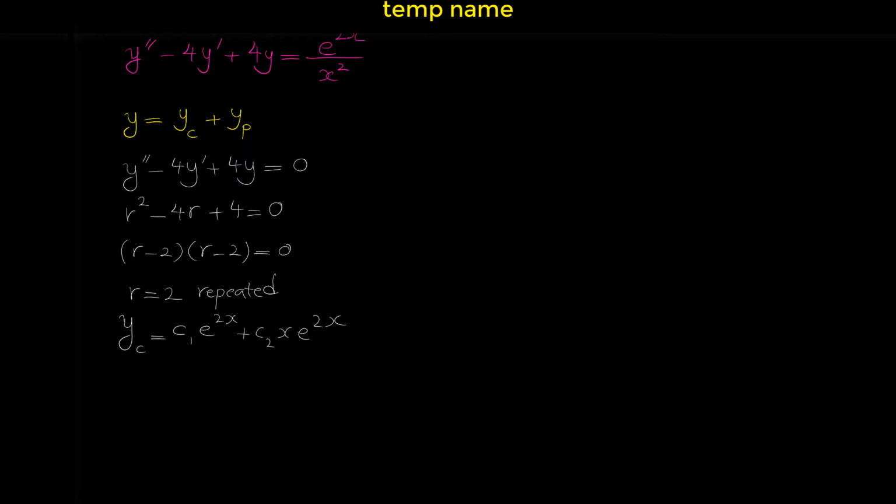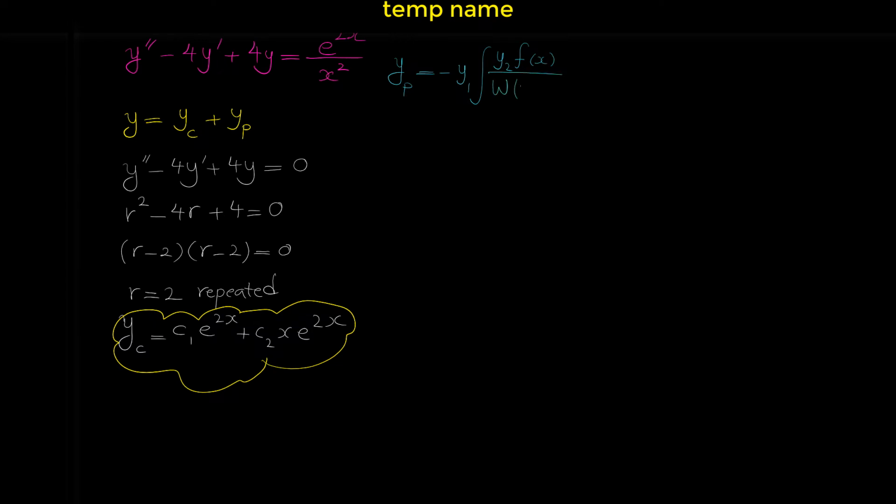Now that we have the complementary solution, we can find the particular solution from this formula. The particular solution is always negative y1 integral of y2 f of x over the Wronskian of y1 and y2 dx, plus y2 integral of y1 f of x over the Wronskian of y1 and y2 dx.